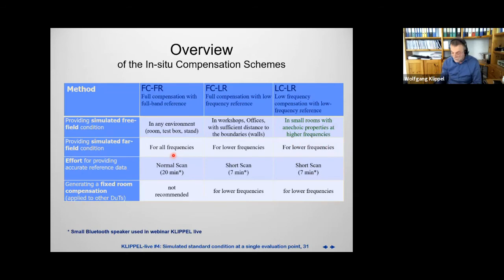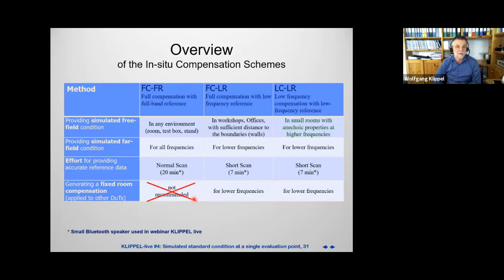Yeah, and now here you see a new line. Here, generating a fixed room compensation function for multiple DUTs, or for other devices. You see I put a red cross for the full compensation. This technique always applies the reference over the full audio band and replaces the room by the desired transfer function.